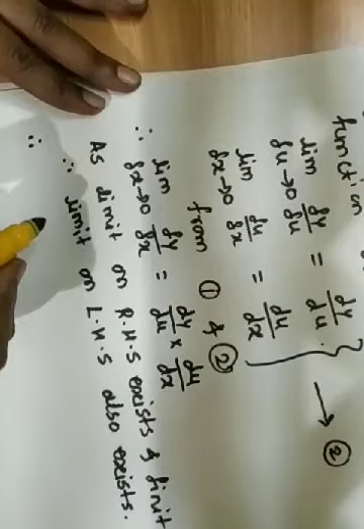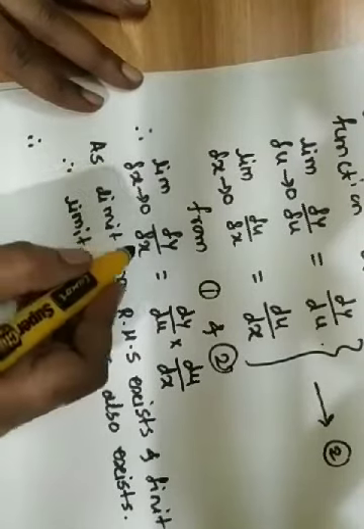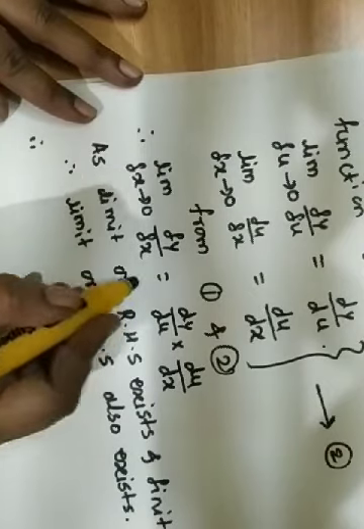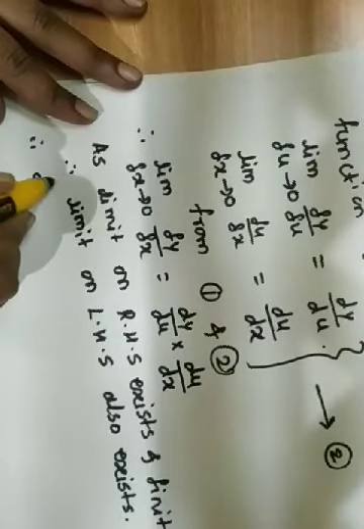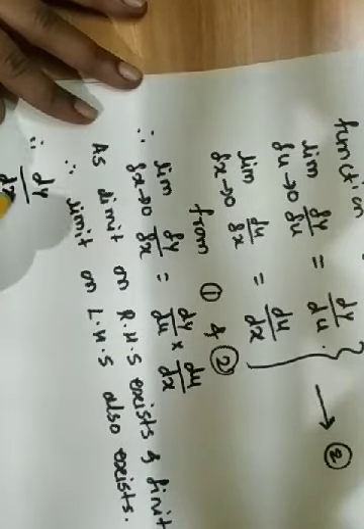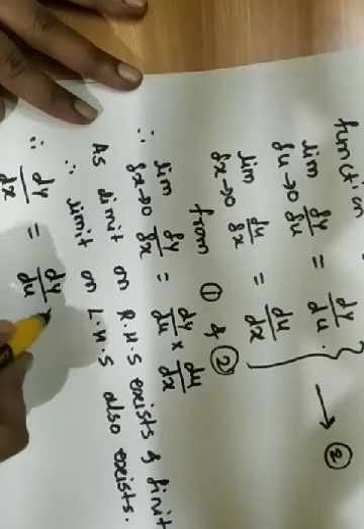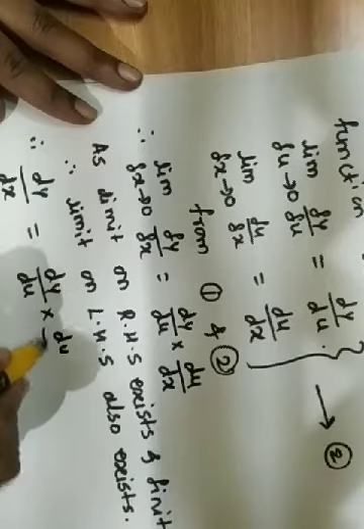Therefore, we write for the left side, limit delta x tends to 0, delta y by delta x, as dy by dx is equal to dy by du into du by dx.